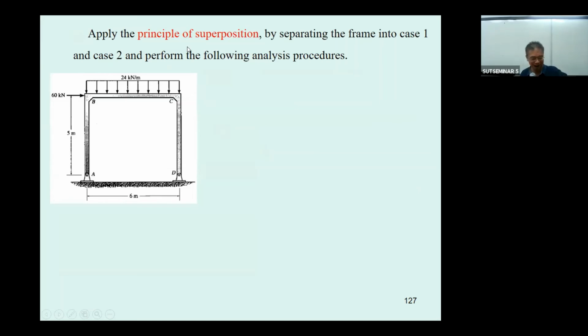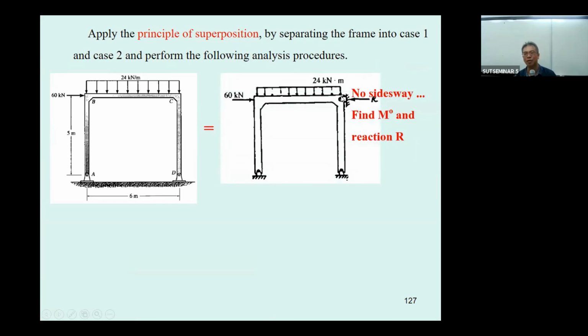You may take a look at my work or may watch the video clip for my Thai class if you prefer the writing. And based on this, we will separate this one into 2. Another one is the frame with the roller. Okay, so by doing this, we can determine the fixed end moment due to loadings.